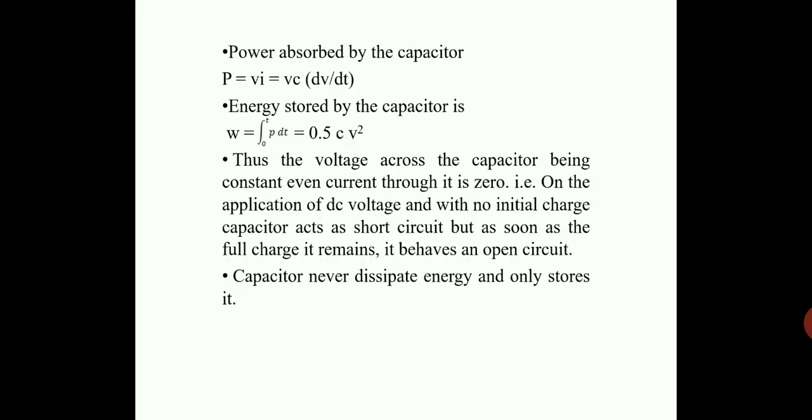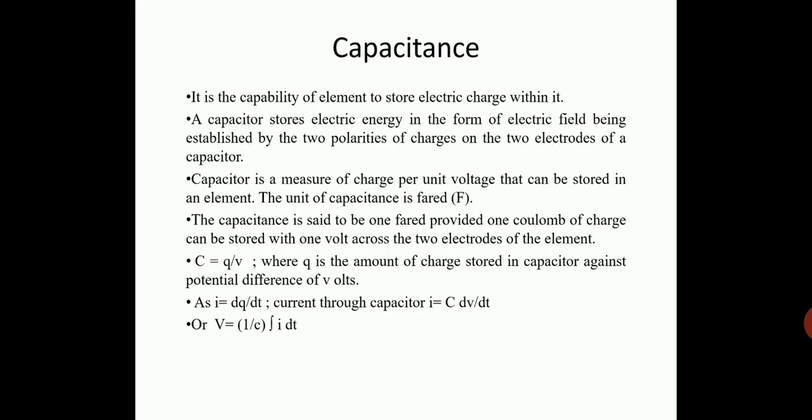Capacitor. It is the capability of an element to store electric charge within it. A capacitor stores electric energy in the form of electric field established by the two polarities of charges on the two electrodes of a capacitor.